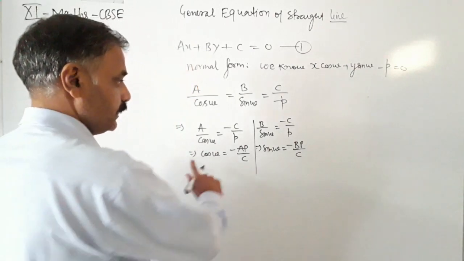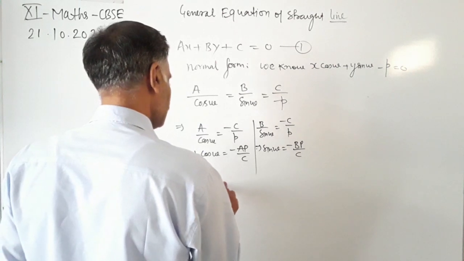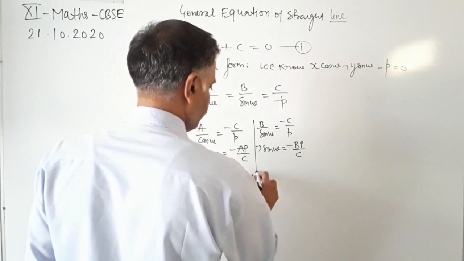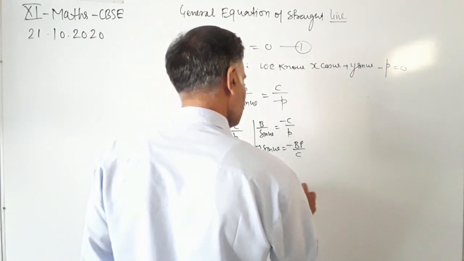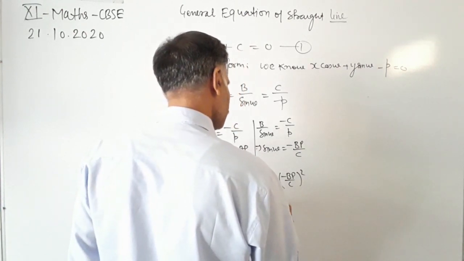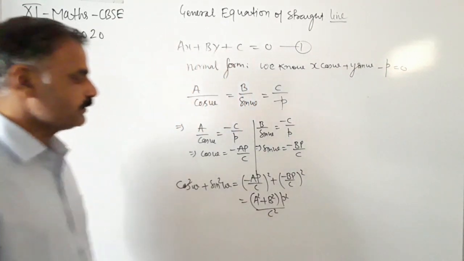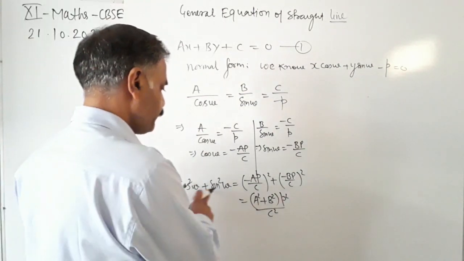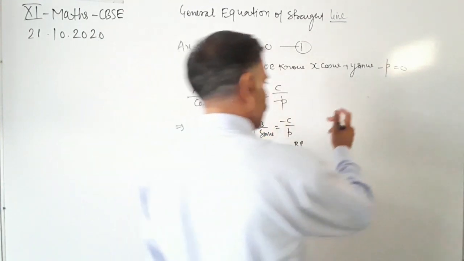Now from these two equations we will have cos square omega plus sin square omega equals minus ap upon c whole square plus minus bp upon c whole square, which equals a square plus b square into p square upon c square. Okay, cos square omega plus sin square omega equals 1.